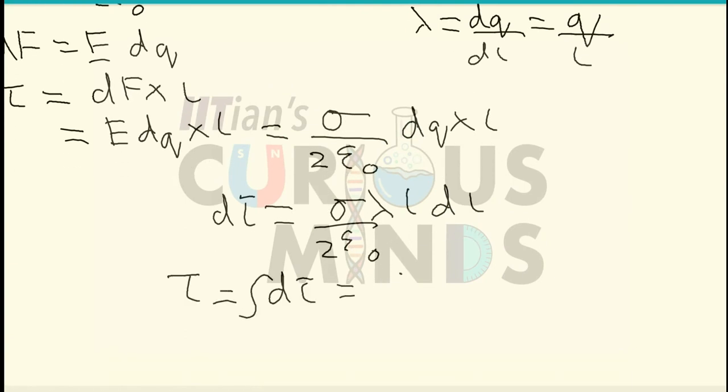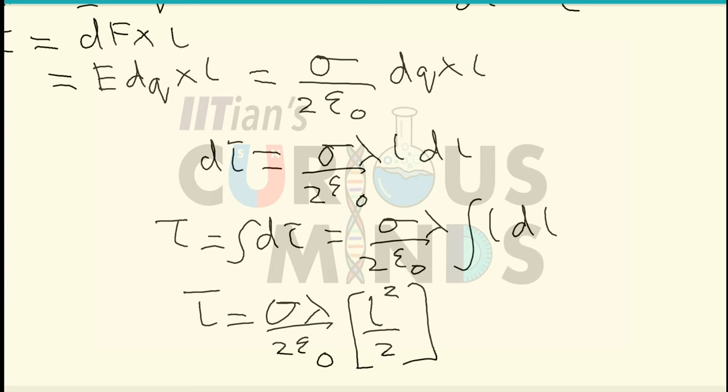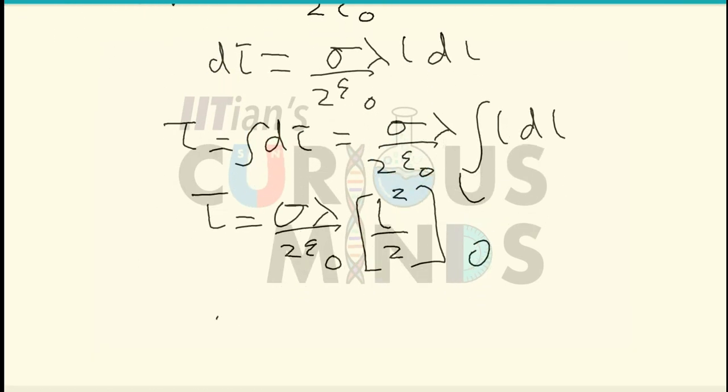It will be equal to sigma divided by 2 epsilon naught, and lambda is constant here, so we integrate l dl. The integration of l dl is l square divided by 2, taken from 0 to L by 2, since the upper half of the rod has length L by 2. So it comes out to sigma lambda divided by 2 epsilon naught into L square by 8.